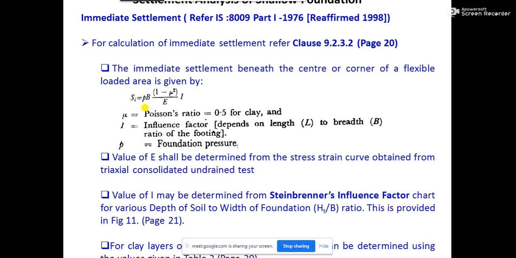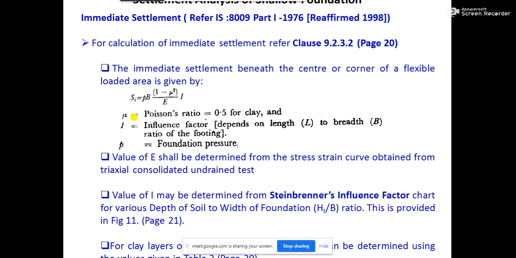In such a case, you will have to apply some factor to this settlement value, whatever immediate settlement value you calculate considering the footing is resting on the ground and is a flexible footing. You have to multiply this settlement value with some factor. There are two factors basically.